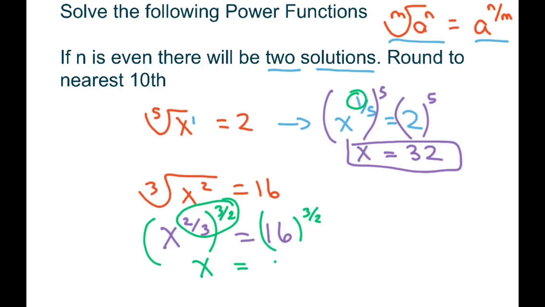This is like saying the square root of 16 cubed. I'm going to do the square root first. The square root of 16 is 4, and then cube it, and that equals 64. I did the square root first, and then I cubed it. You don't want to cube 16 first, unless you have a calculator.